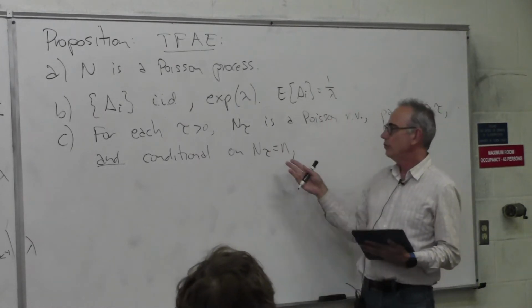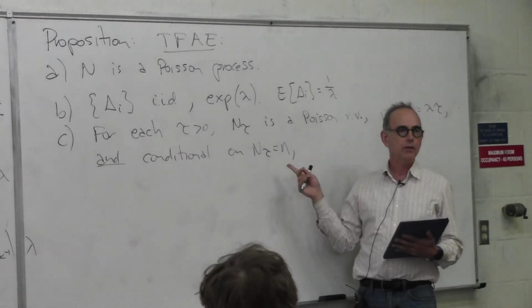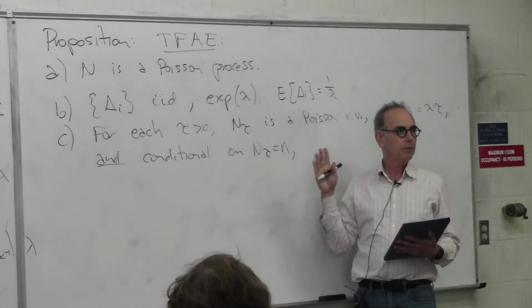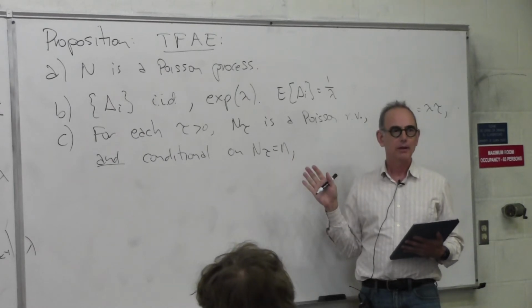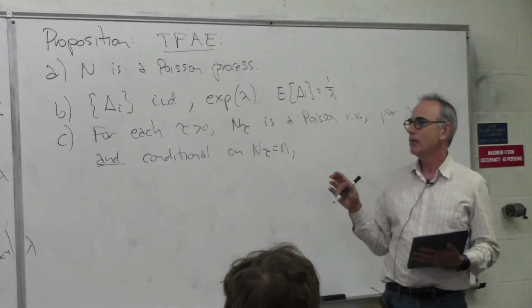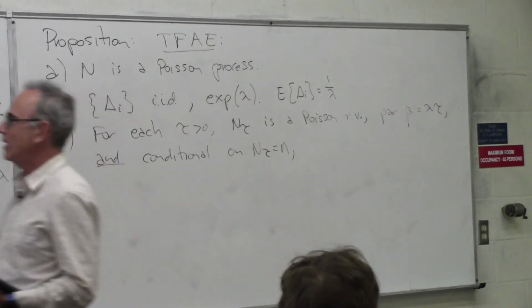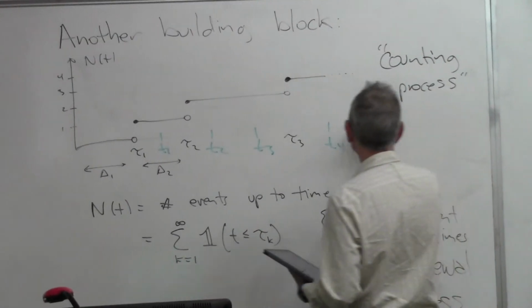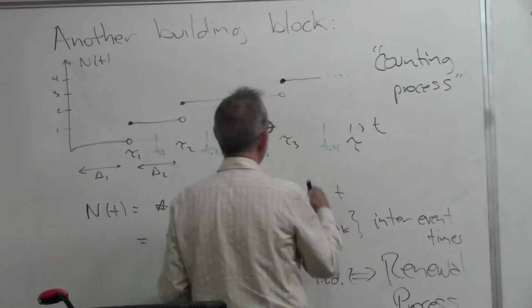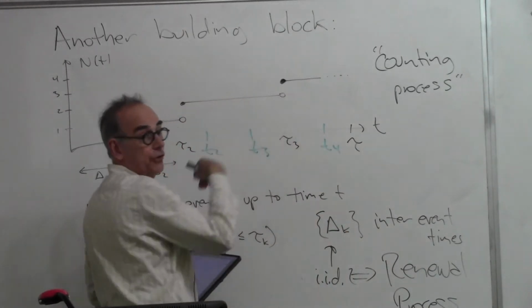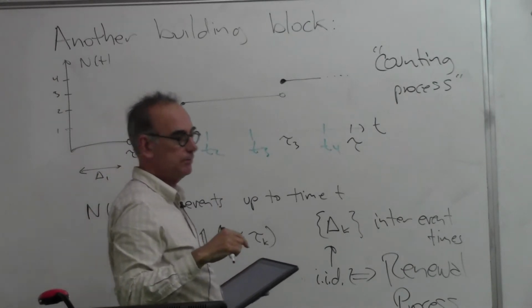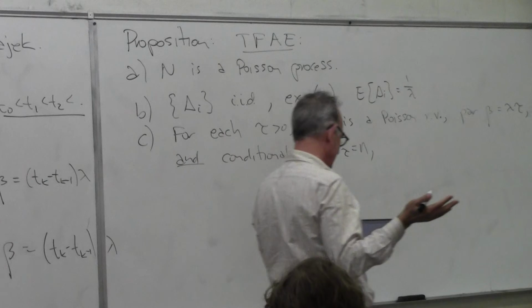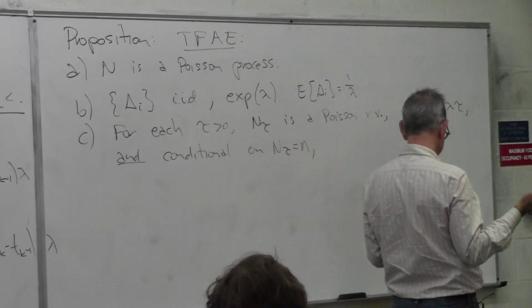For any n, I could condition on the number of events being n, and I want to think about how those times were distributed. Given that I pick a time tau, and in this case, n equals 3, I want to ask, how are those guys distributed in this line? And it turns out they're sort of uniformly at random. It's so hard to see this.